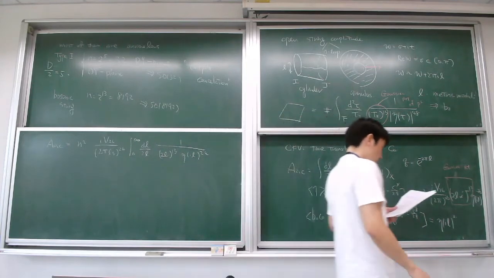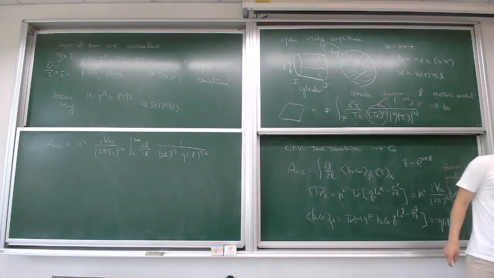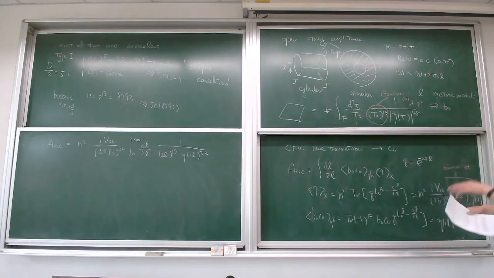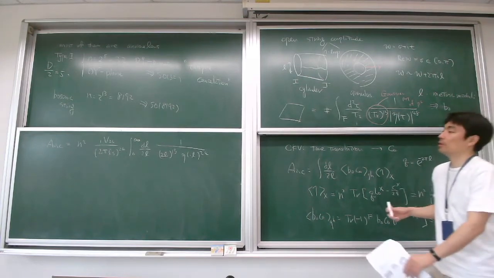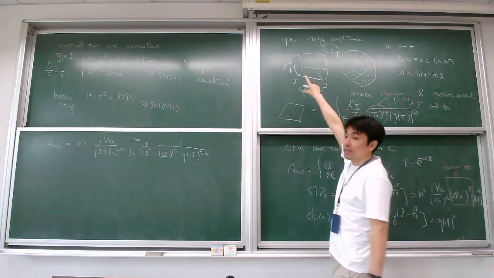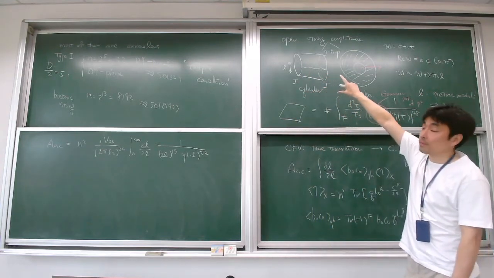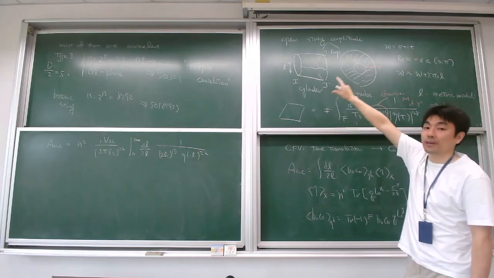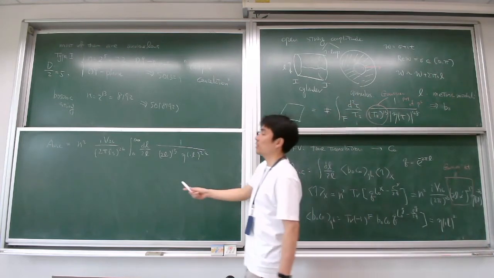That is what we get. And remember that here you don't have the mapping class group action, so you have to integrate over the size, the radius, from 0 to infinity.